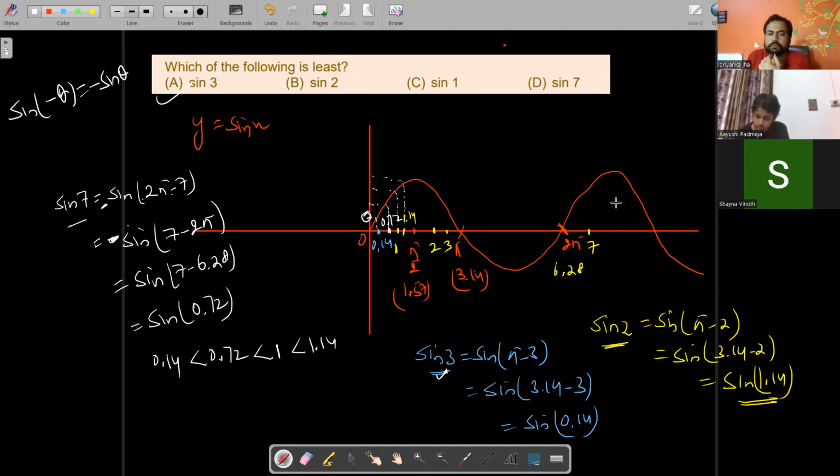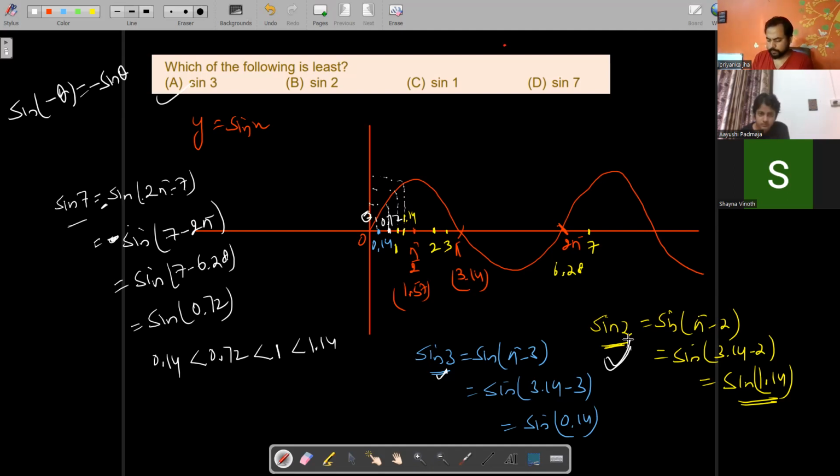So sine 3 only. I think sine 7 is the greatest. No, sine 7 is not the greatest. 1.14 is sine 2. Sine 2 is the greatest. Do you have a scientific calculator? You can put that. Yeah, sir, I just checked.